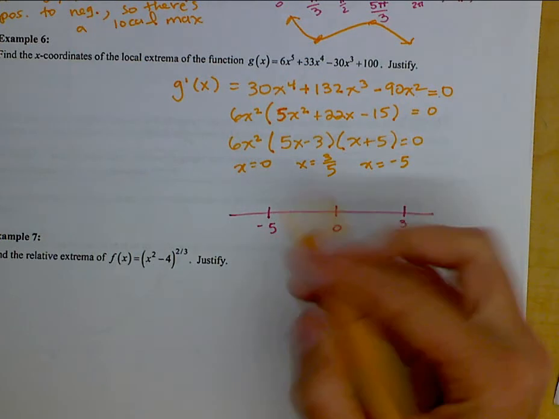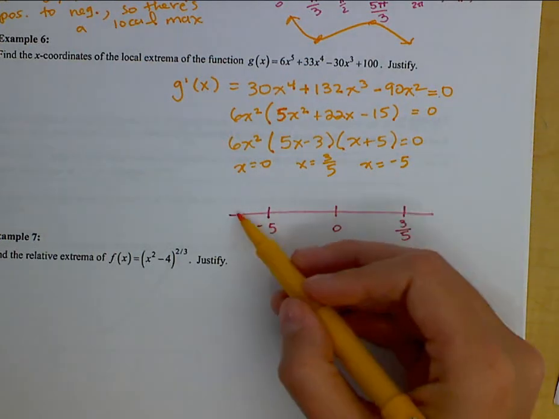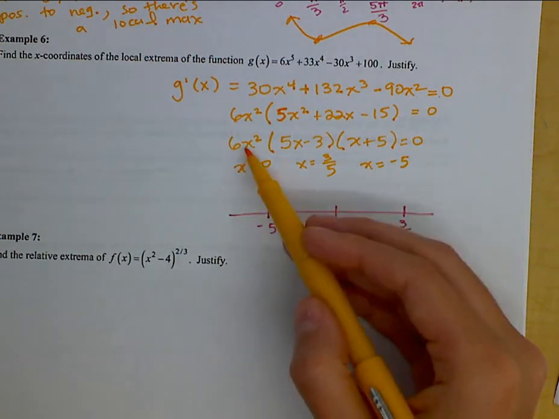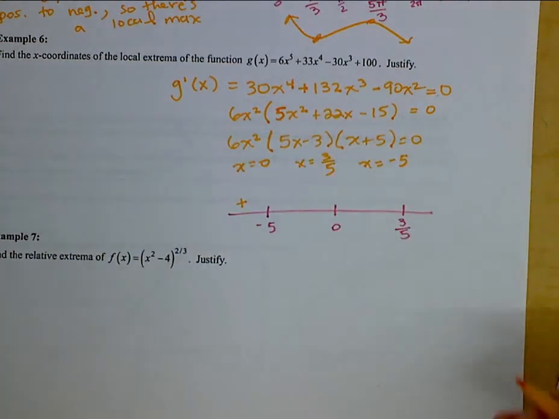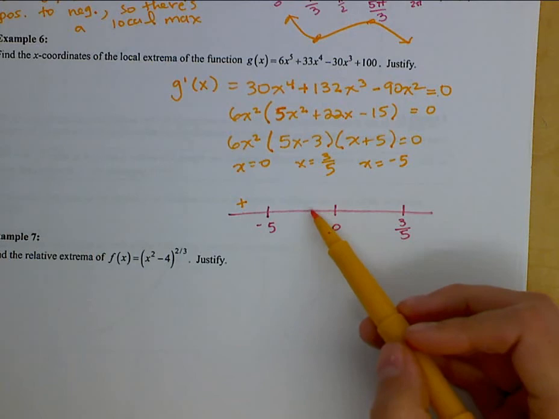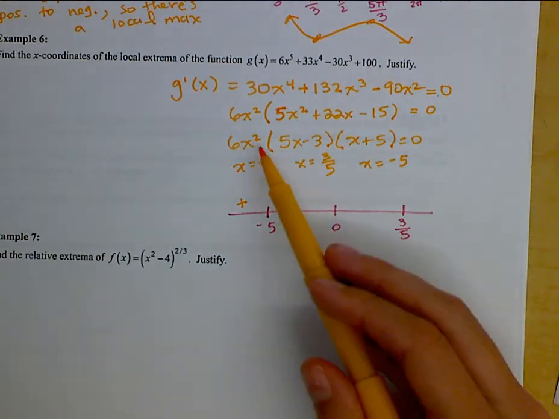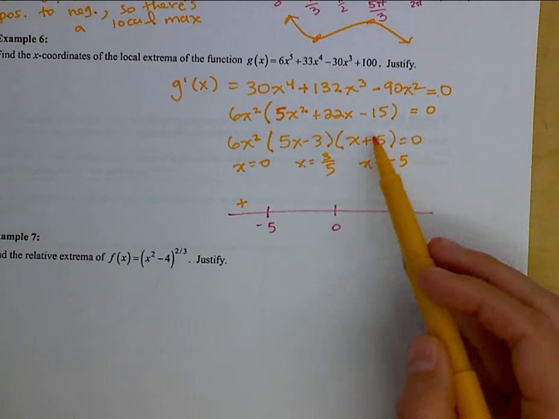Plug in the values here. If I plug in negative 6, I would get a positive, negative, negative, which is positive. If I plug in negative 1, I would get positive, negative, positive, which is negative.